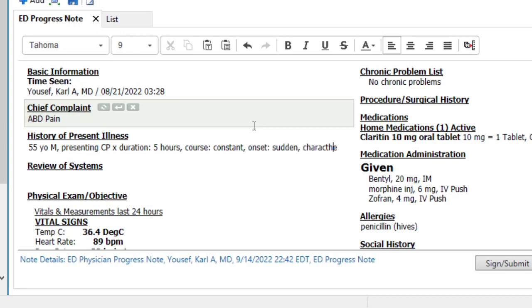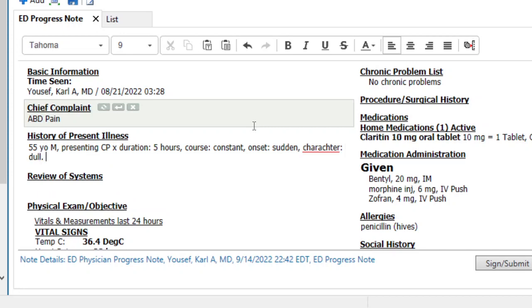The character is dull. I have this memorized. I know exactly what's coming after the next. I know it goes duration, then I'm writing course, and then the onset and the character. And then after that, I'm going to put no exacerbating or alleviating factors. Of course, I have macros that can fill that out for me in dot phrases. But my point here is the systemization of your HPI.